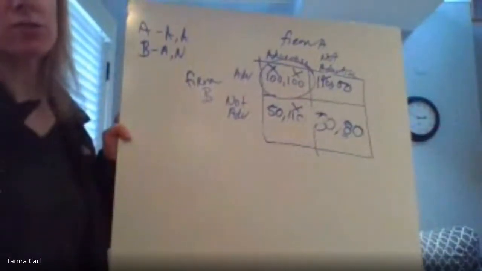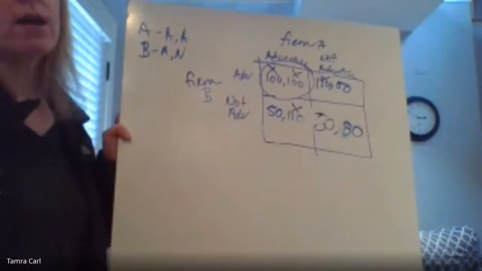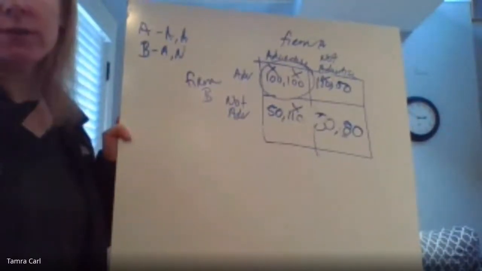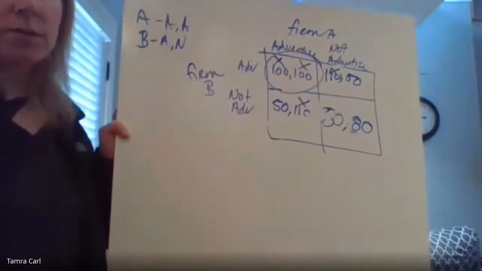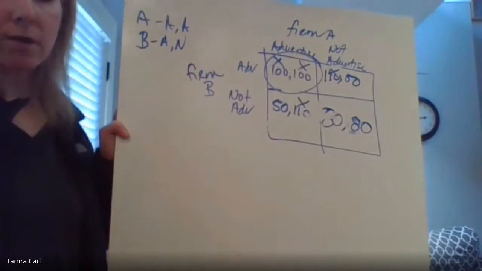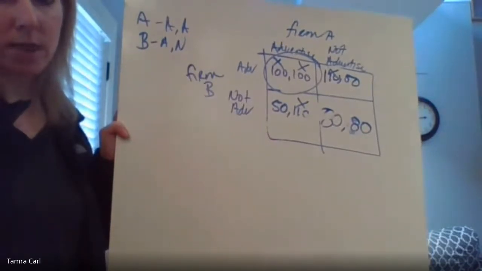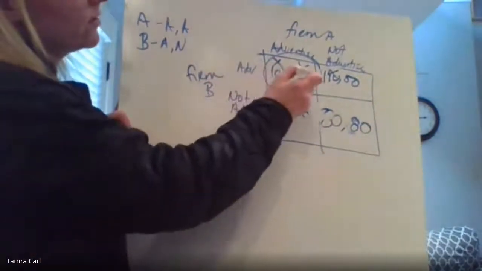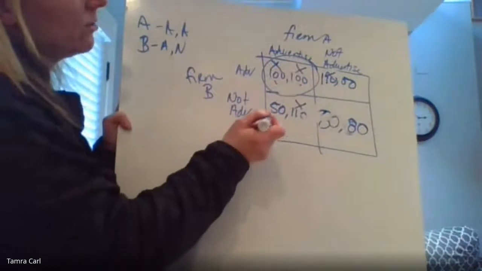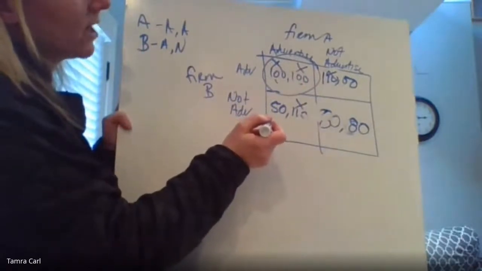The last thing that they could do is say, okay, so what happens now is that there is an extra $50 charge for firms that advertise. As a result, what is the payoff matrix, or what is the Nash equilibrium? Does it stay the same or does it change? And that's where you'd have to subtract out 50 from every place where somebody is advertising.